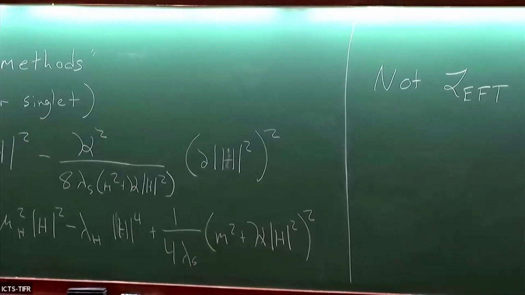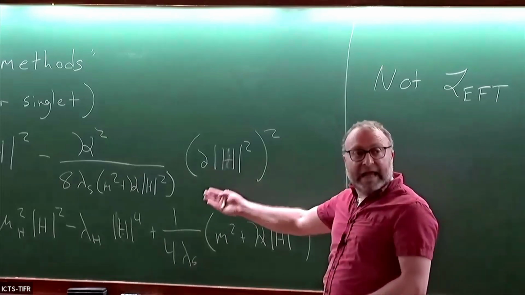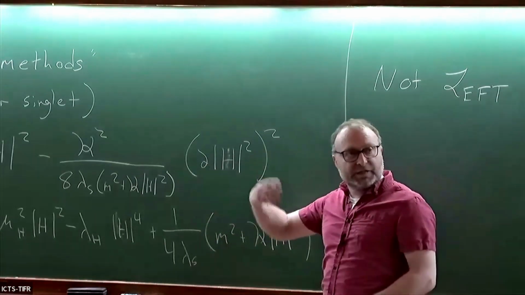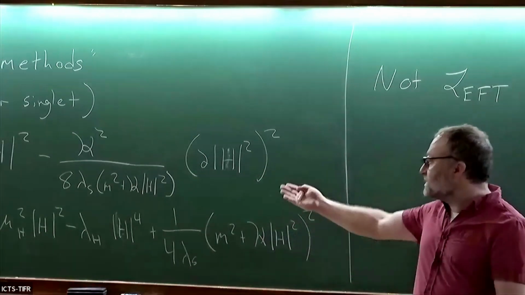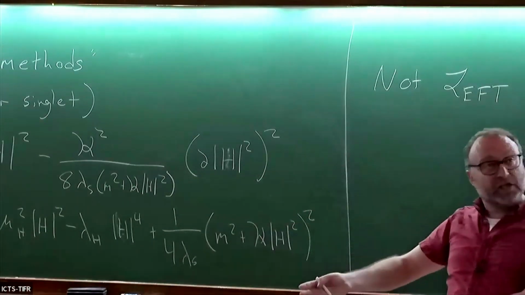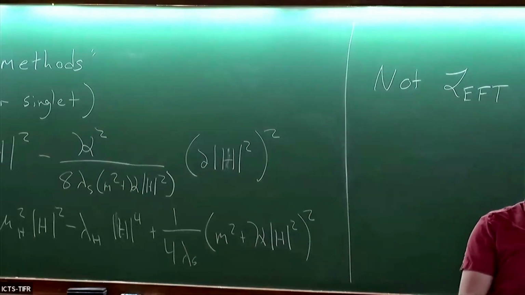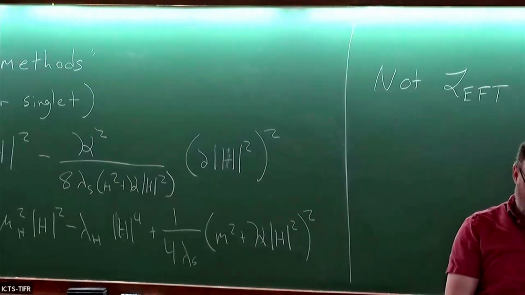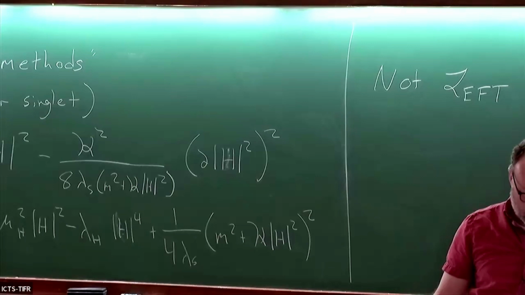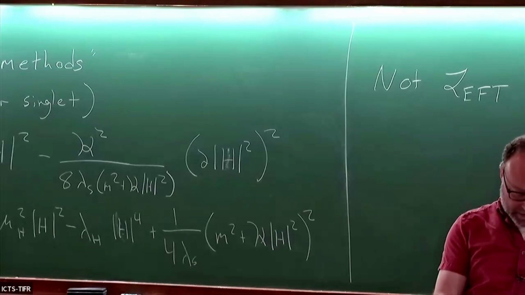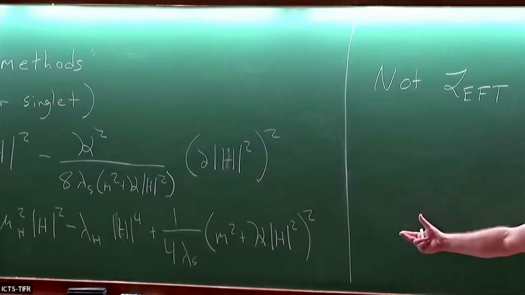Okay, so now we just take all of the formulas from previous lectures. We want to take this Lagrangian in terms of big H. We want to express it in terms of little h, and n or pi, I don't even write it explicitly, and the Goldstones, okay?